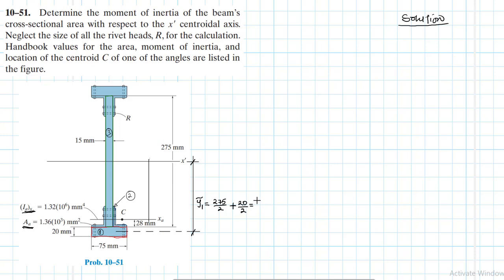Then this gives us 147.5, right? 275 divided by 2 plus 20 divided by 2.